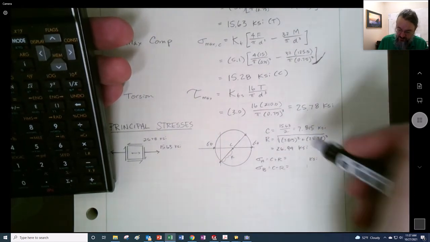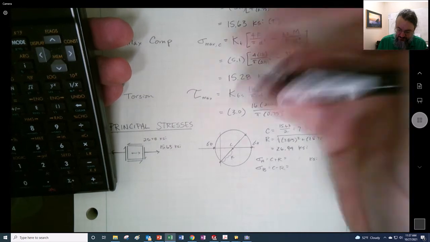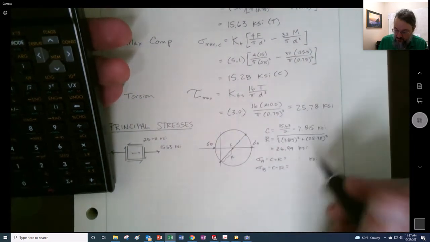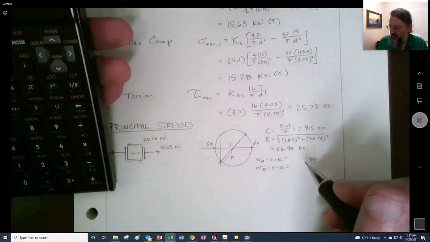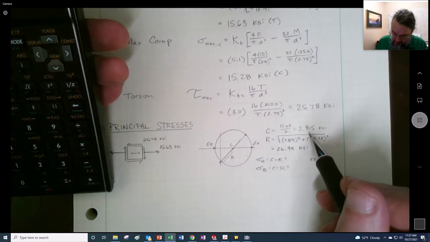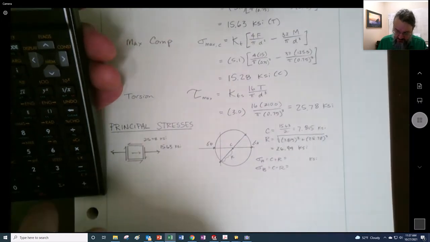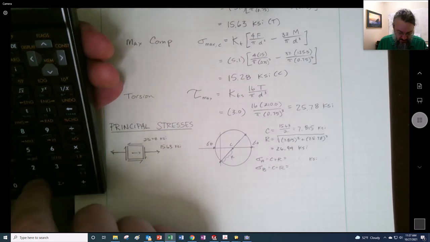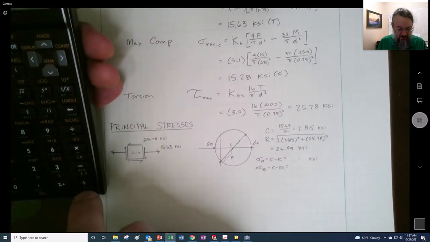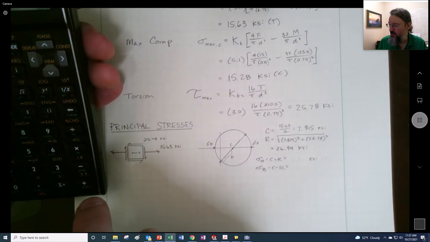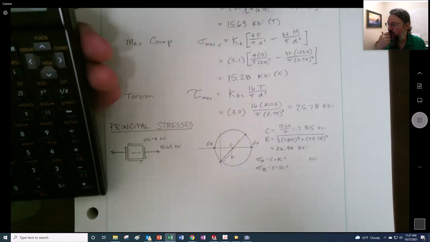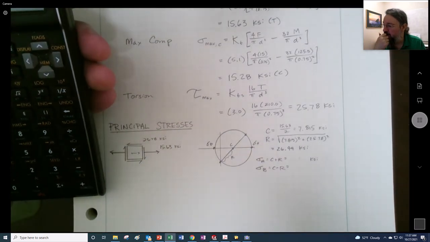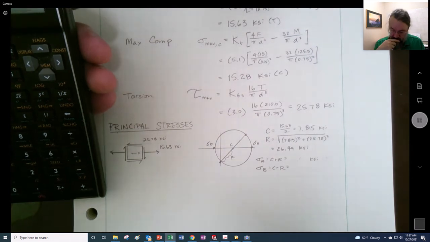I should have done it by hand, right? Oh well. But I think I got the right thing, right? So add these two together, 26 and 7.815, and you should get. Oh my! What's going on here? What did I do wrong?